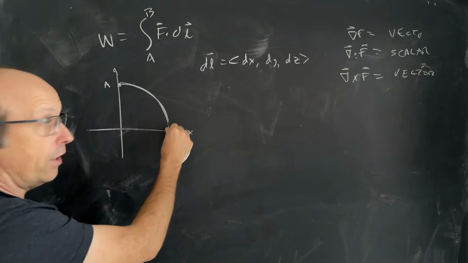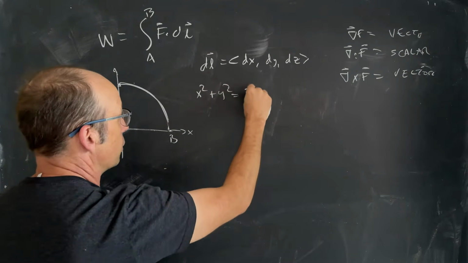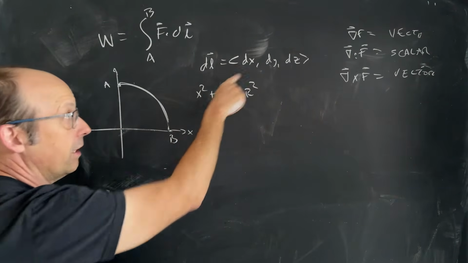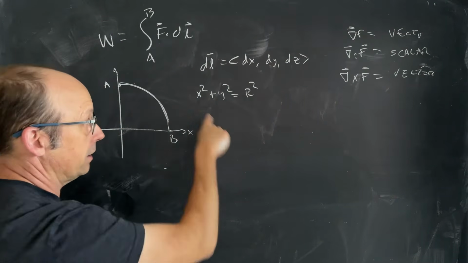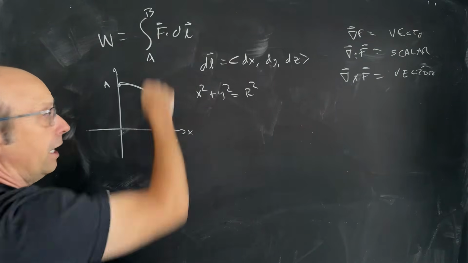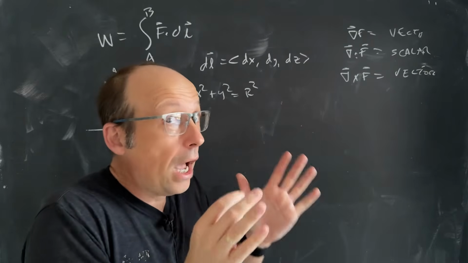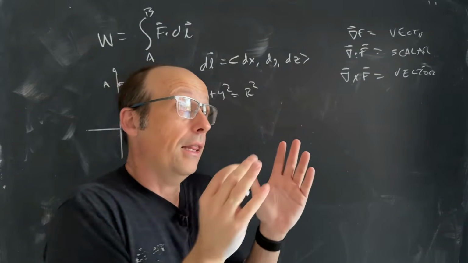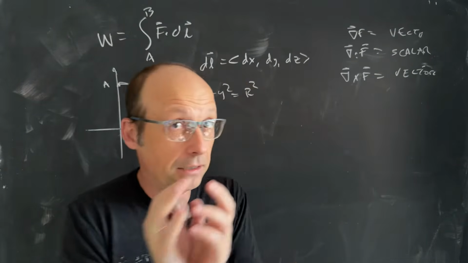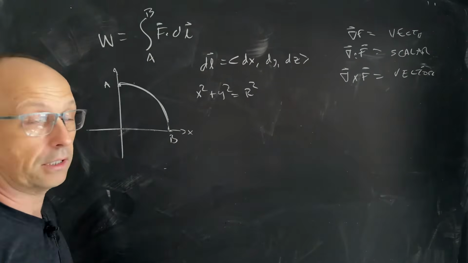That path is a function. I could say x squared plus y squared equals r squared, and I can use this to get relationships between dx, dy, and dz. So I could take the derivative and get dx's in terms of dy's, and then plug it into my integral so that every integral, it could be more than one, just deals with x's or just deals with y's. So you have to convert things over to x's and y's and use that equation right there.